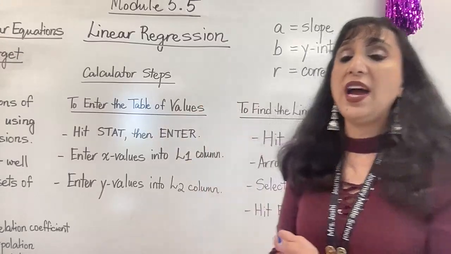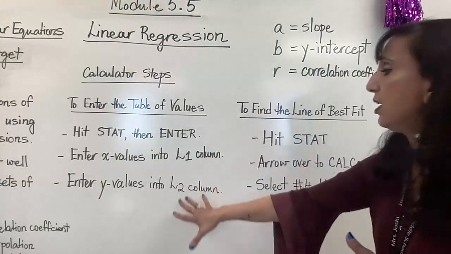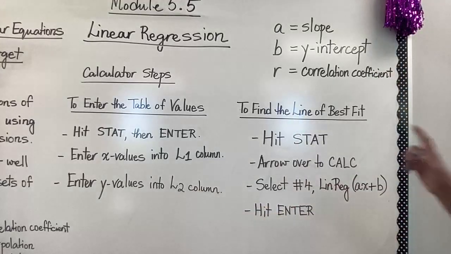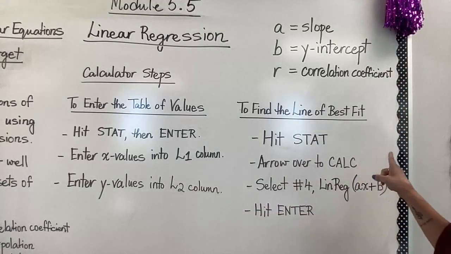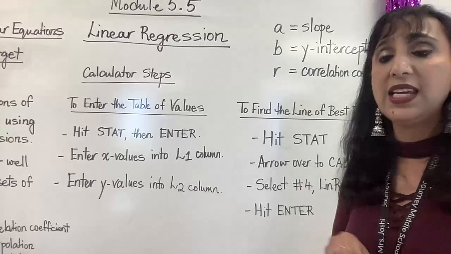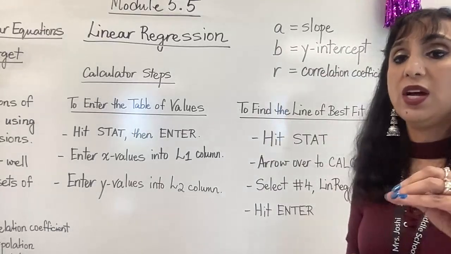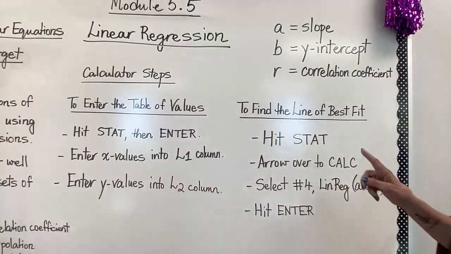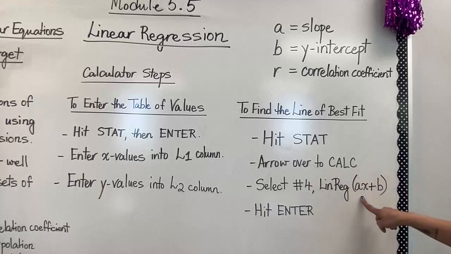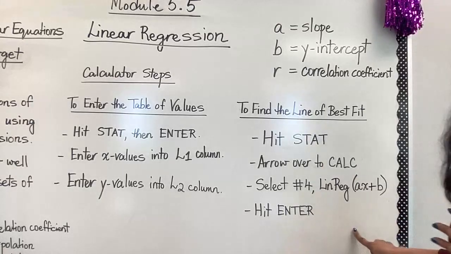In order to find the line of best fit, after you have entered the values, you hit stat again, and then you arrow over to calculate, which is CALC, and you select the fourth value down, which says linear regression in the format AX plus B, and then you hit enter.